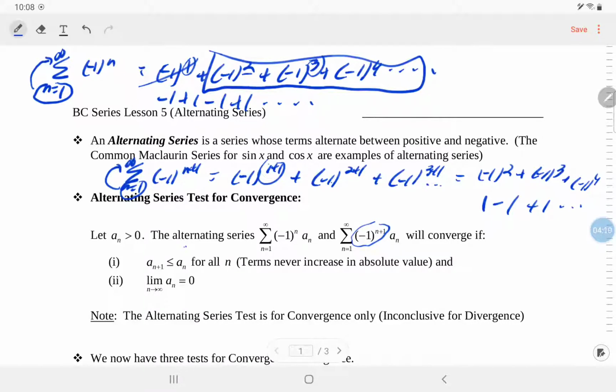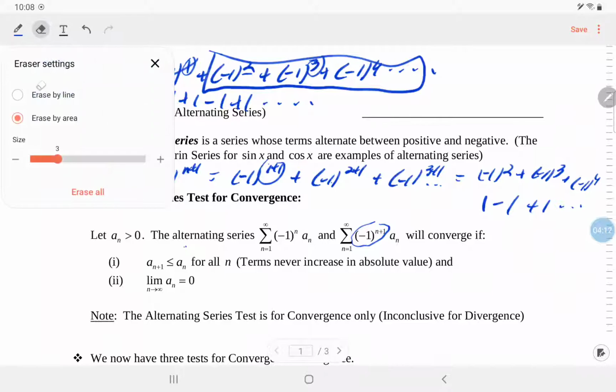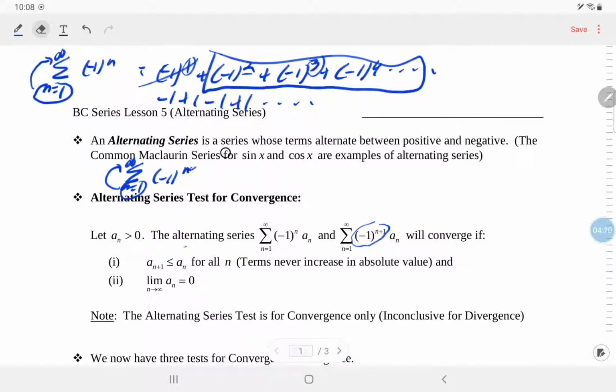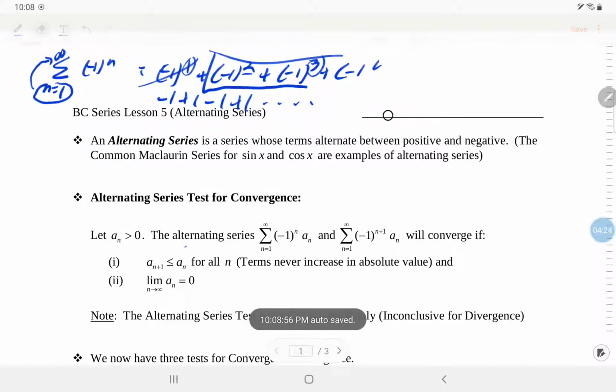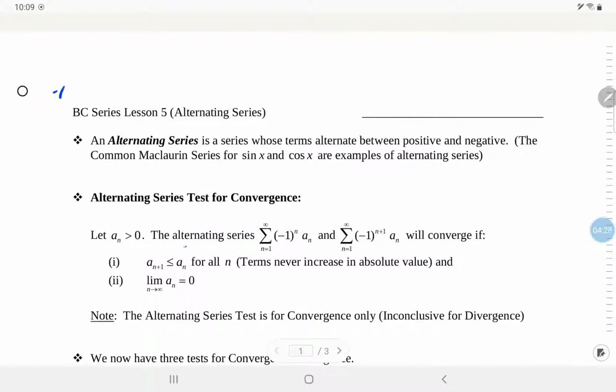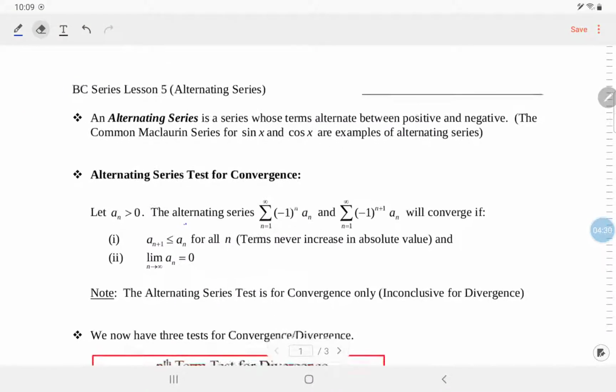So both of those little formulas, when you see a negative 1 to the n or the n plus 1 or n plus 3 or n minus 7, n minus 2, whatever like that, those are all going to give you alternating terms.